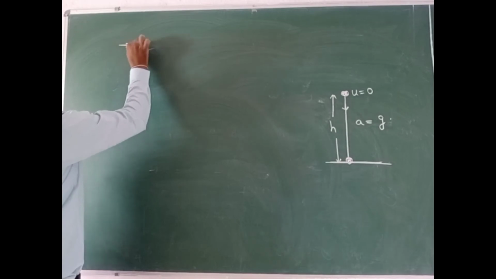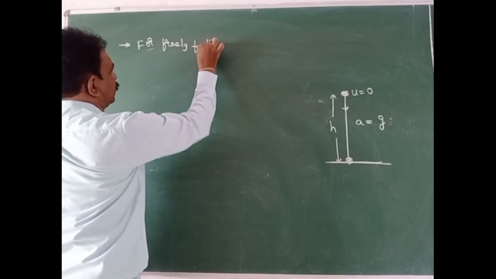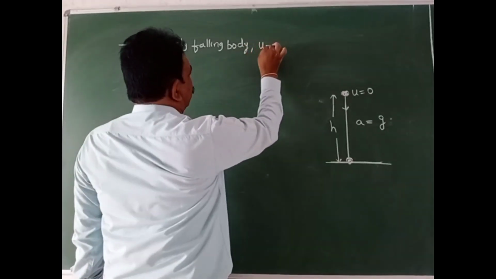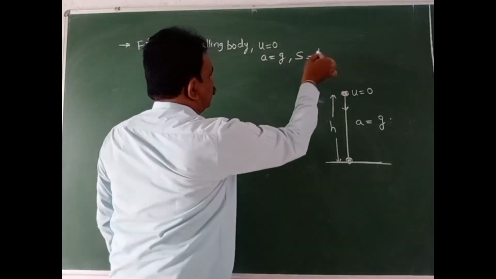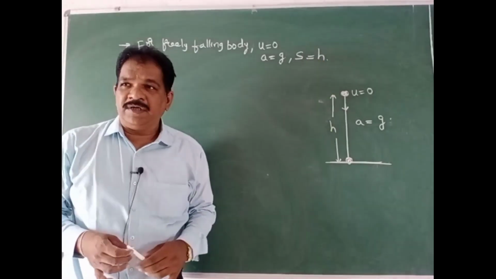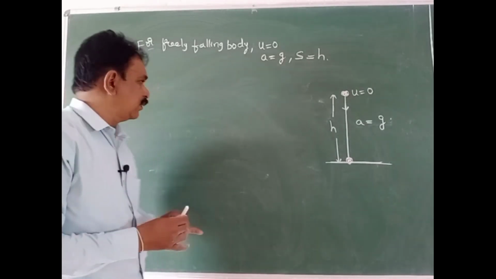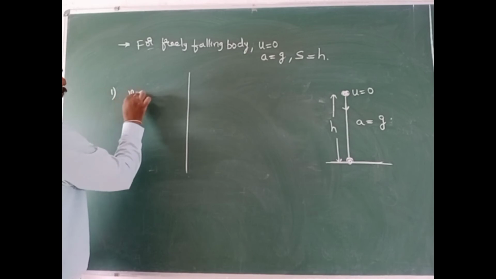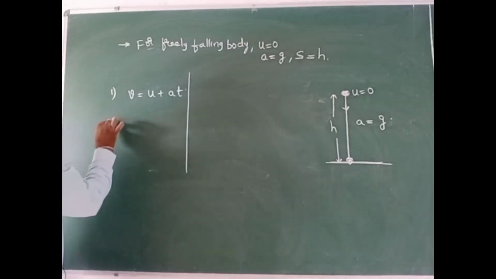So for freely falling body, u is equal to 0, a is equal to g, s is equal to h. Write the equations of motion of a freely falling body. Like that they will ask the question. So here, what are the equations of motion? First one, v is equal to u plus at.